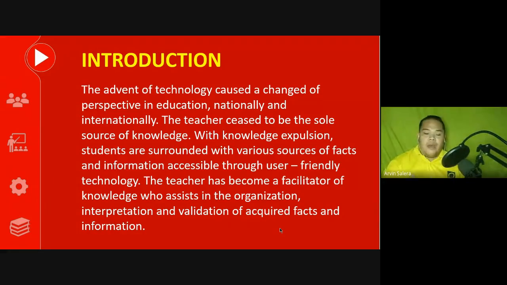Remember that in the traditional method, the teacher should know everything. The teacher may or may not be bookish, but they were the sources of information and they spoon-fed everything to the students. But now, teachers are only facilitators.